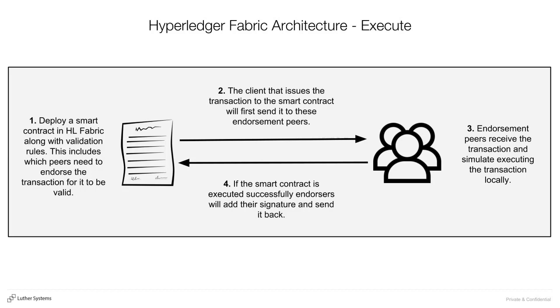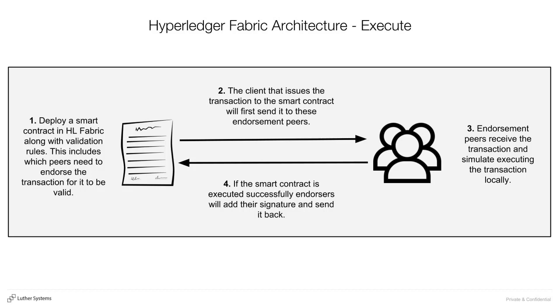And what that means, specifically, is that when you deploy the smart contract, you list a policy that specifies which other peers in the network need to validate the transaction in order for it to be valid.